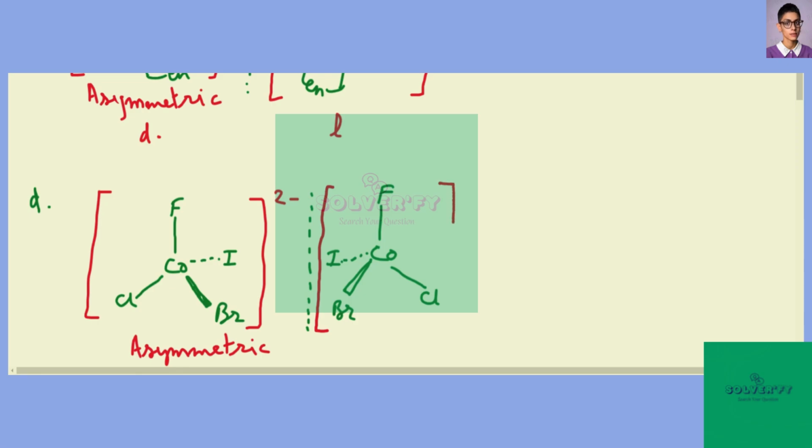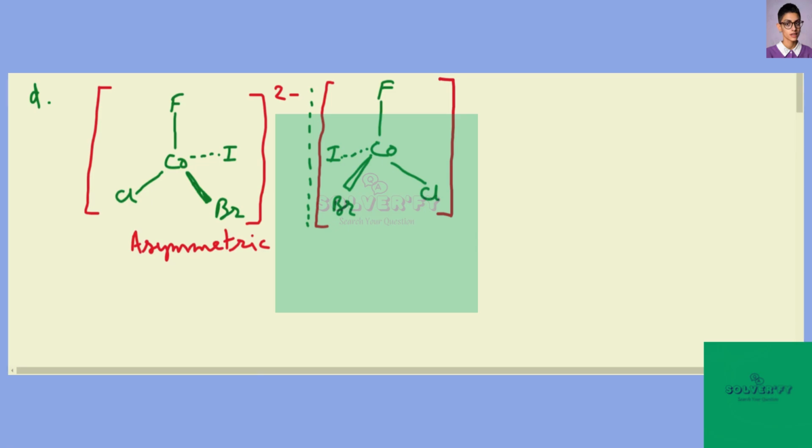They can rotate the plane of polarized light, but in opposite direction, and their mirror images are non-superimposable mirror images, and that is why they are optically active.